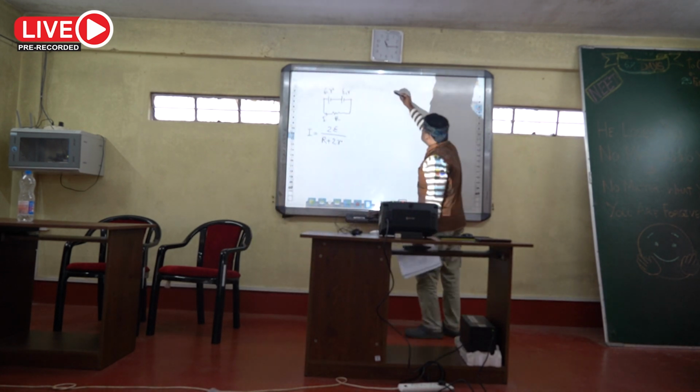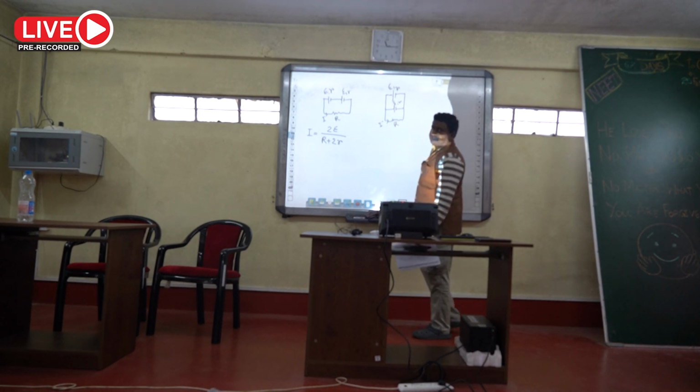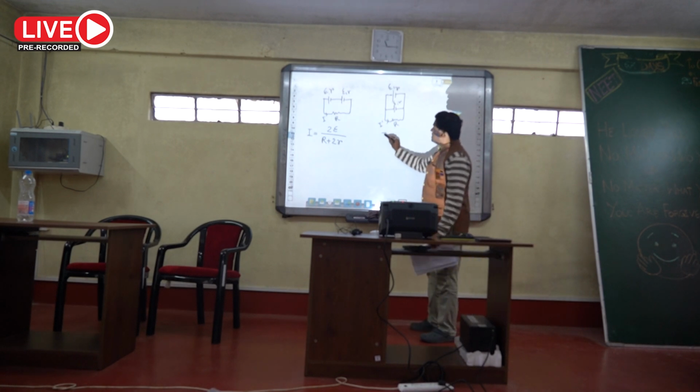In the second case, these two cells are connected in parallel, each with E and r, and connected with the same external resistance R. Now the current is, say, I prime. Now what is I prime? In the parallel combination, EMF remains same.